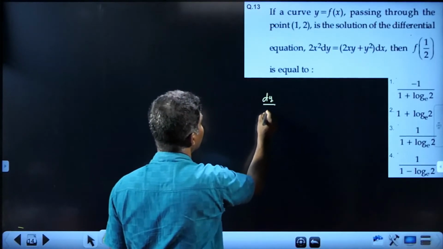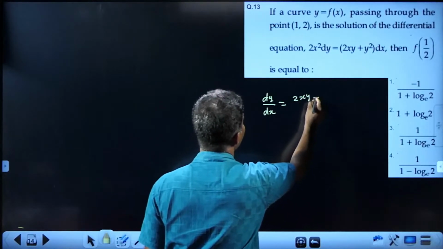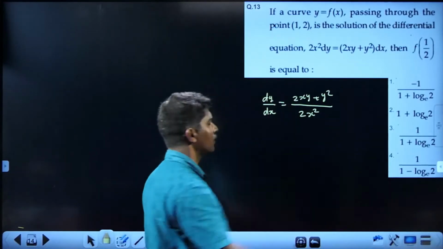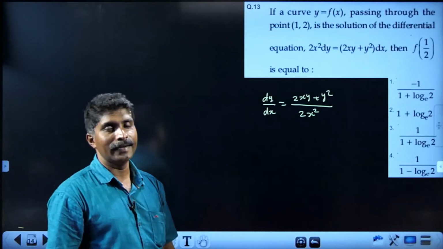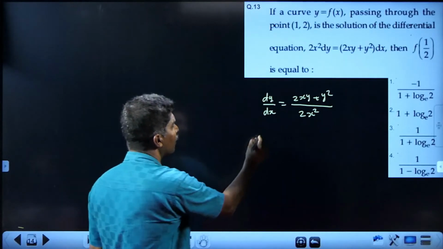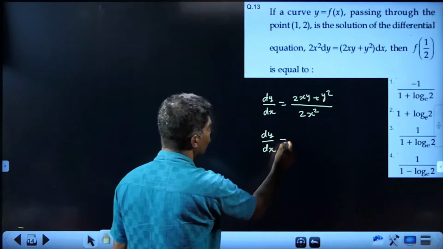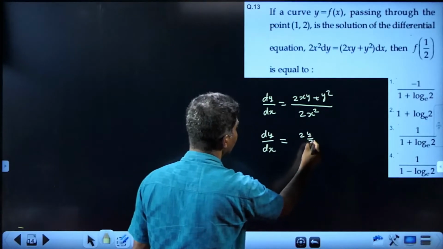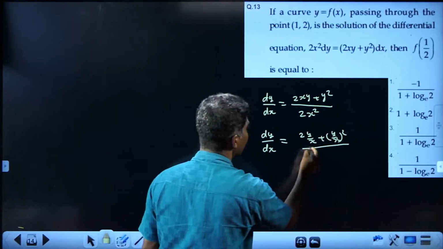dy by dx is equal to (2xy plus y square) divided by 2x square. Okay, very simple. It is a homogeneous differential equation. We will rearrange it as dy by dx is equal to, dividing by x square, (2y by x plus (y by x) the whole square) divided by 2.